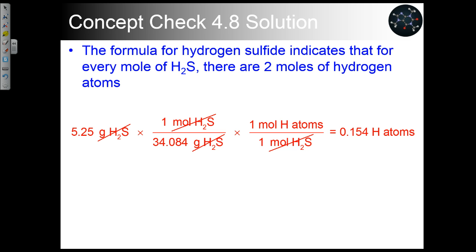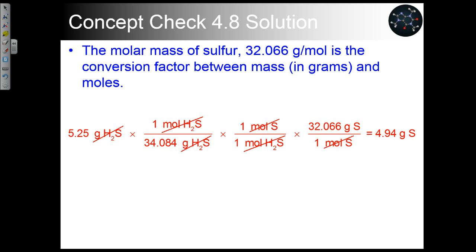Great. 2 masses. Information off that chart. Using things.